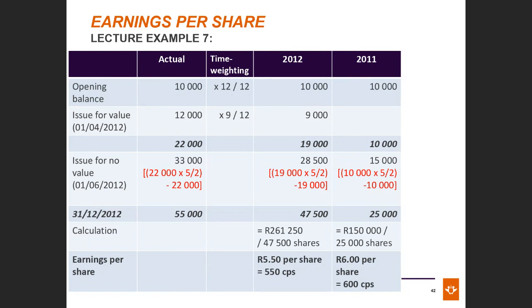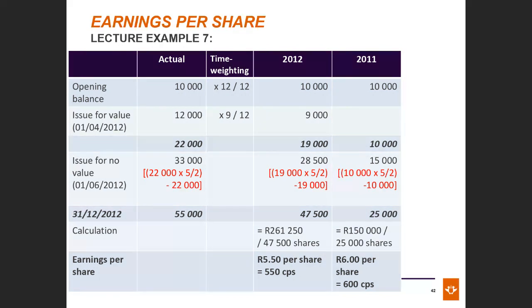Then we need to look at the issue for no value. Before we look at the issue for no value, you need to calculate your total. So the total actual number of shares we had was 22,000. That was the actual number of shares that the company has. But for purposes of our earnings per share calculation, the weighted average number of shares is only 19,000.